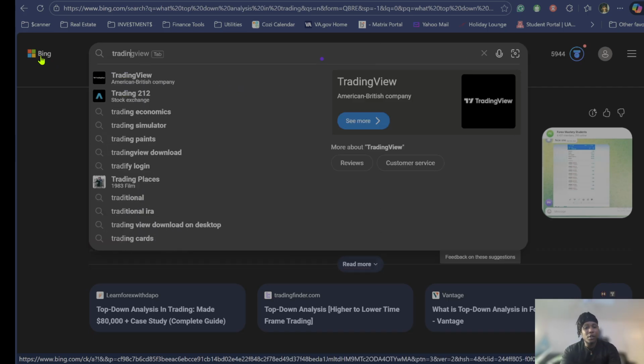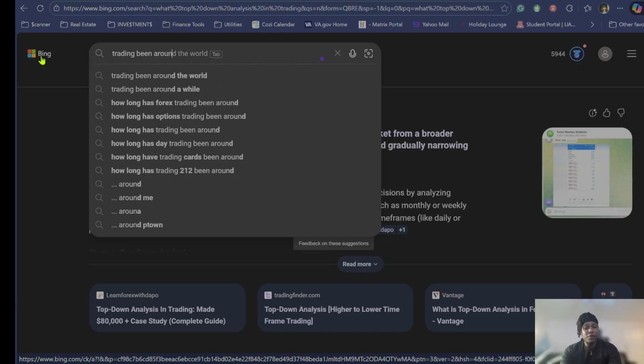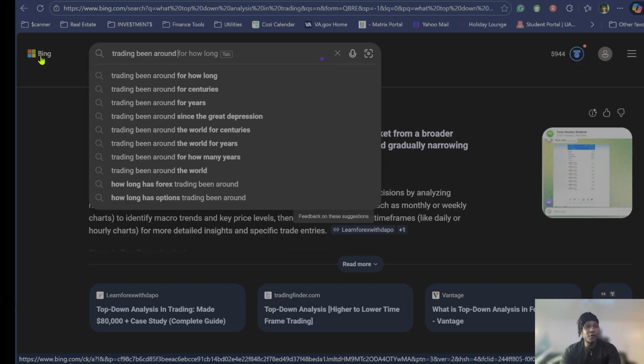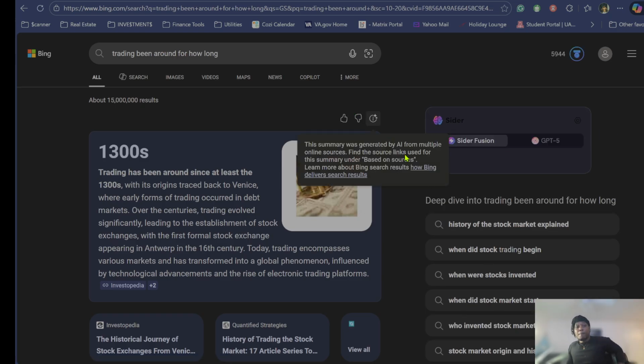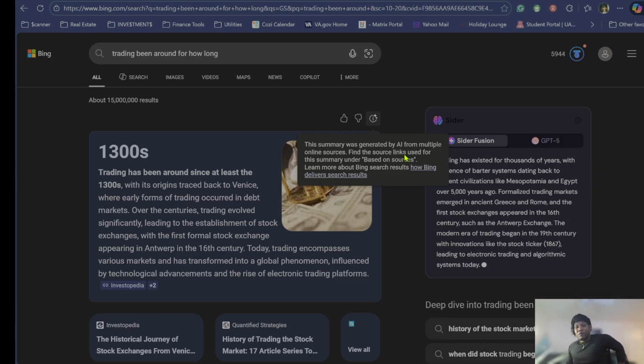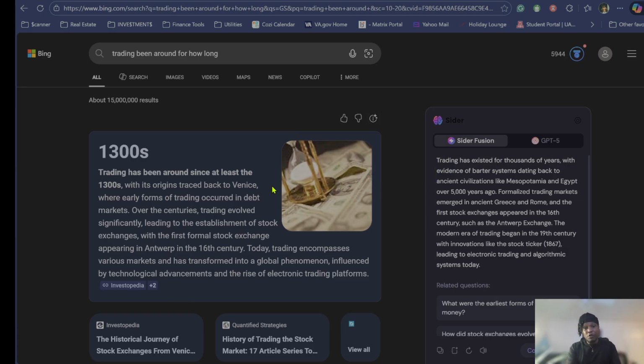Trading, been around for how long, right? Great question. Look at that. This is before computers, or I don't know if they had computers and suppressed it in the dark age and brought it back out, you know what I mean? But listen, this was before computers that we know. And it goes back even further than that when it comes to trading.